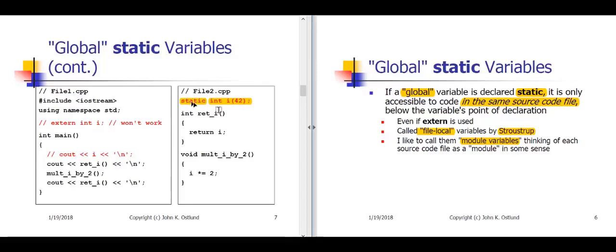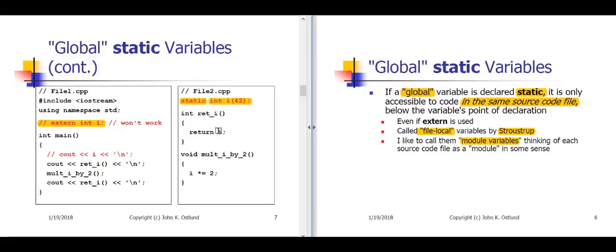This thing is declared static, which means that all of the functions in this file2.cpp file have access to that int variable I, but other files outside of file2.cpp cannot access that int variable I. Over here in file1.cpp, where our main function is written, I could say extern int I, but that would turn out to be an error when the linker tried to gain access to this supposed global variable I. All right, because in file 2, the variable I is global, but only within this file itself. The name I is hidden from other outside files.